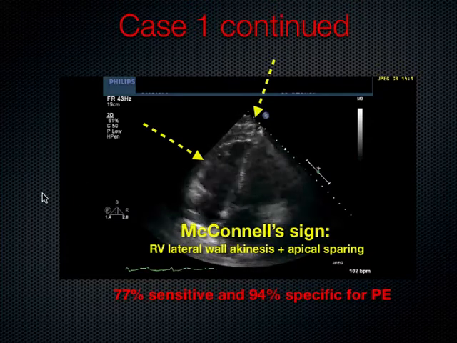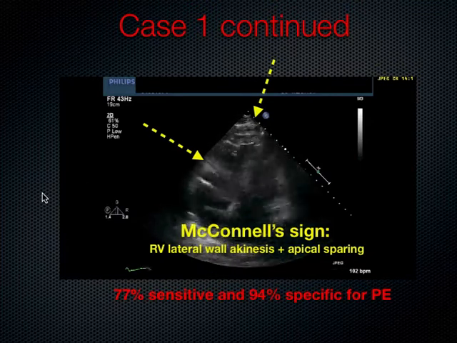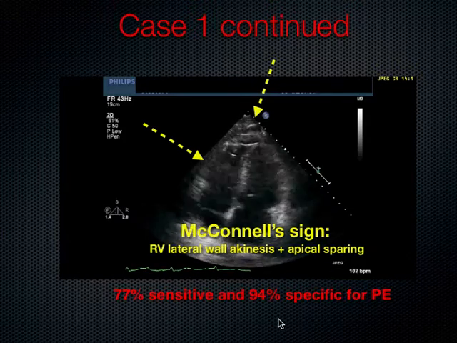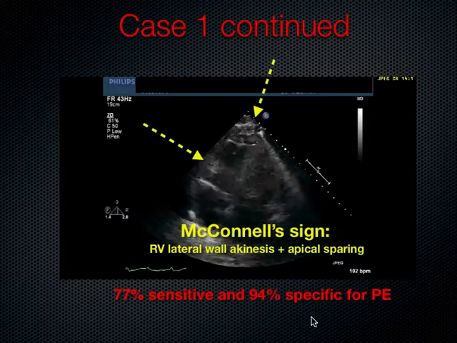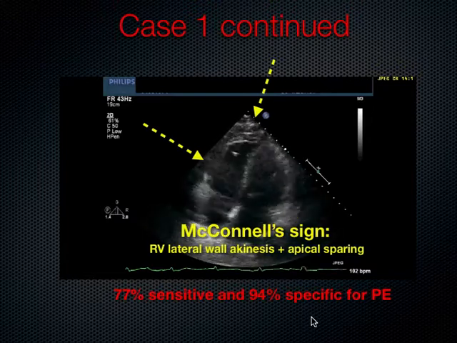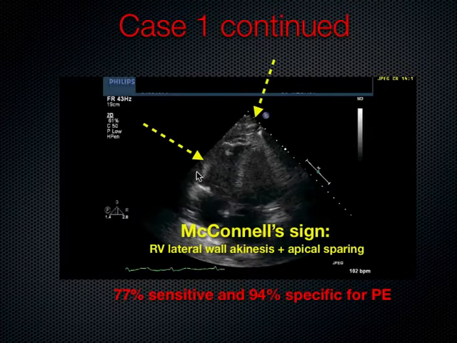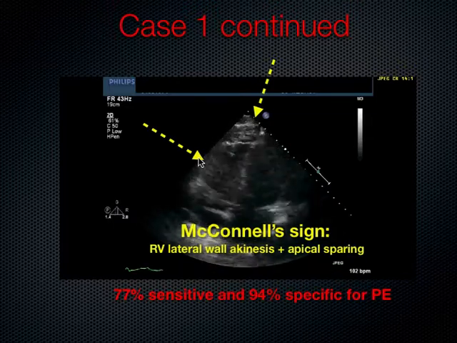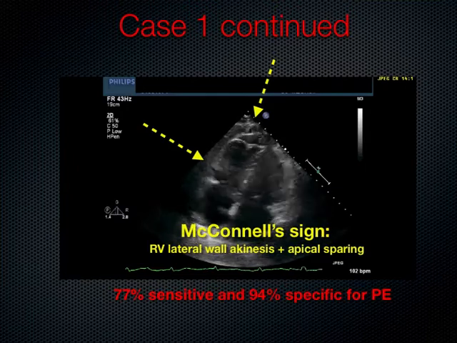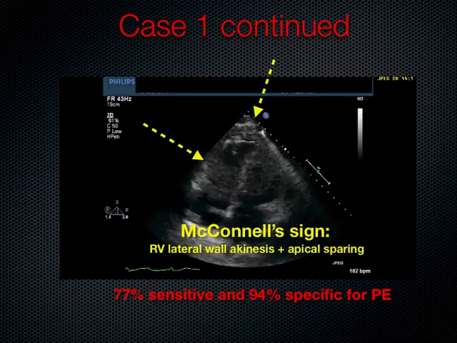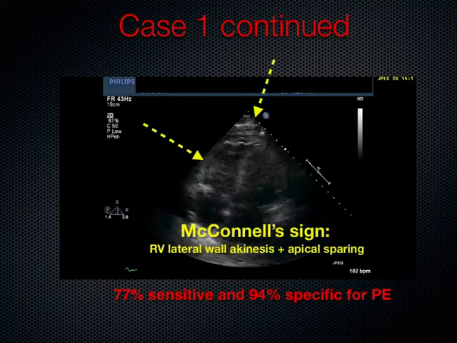This can be found, interestingly, in the setting of PE, and one study suggested that it was 77% sensitive and 94% specific for pulmonary embolism. Now, that can be debated from time to time, but essentially it's something to think about. If you see this lateral wall akinesis with apical sparing, meaning the apex has a good squeeze to it, and the RV in this case is clearly bigger than the LV, really think about the diagnosis of pulmonary embolism.